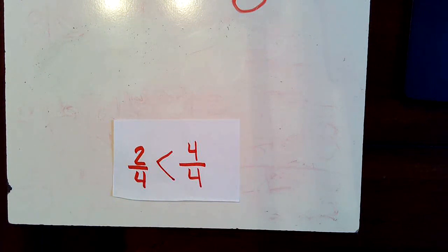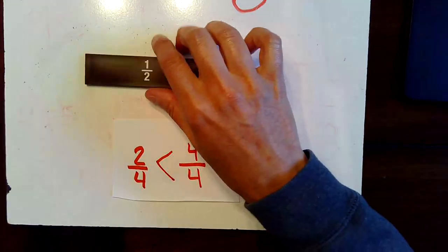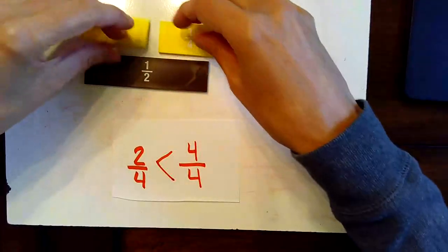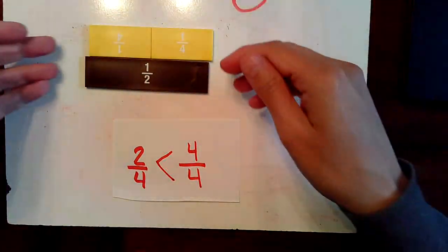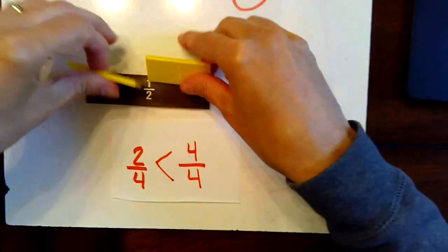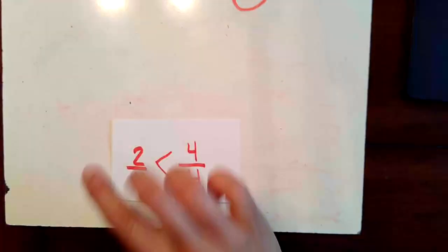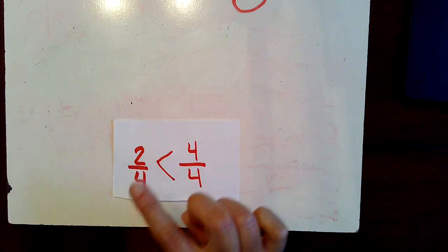I hope you said 1/2. 2/4 is equal to 1/2. Remember, if the numerator is half of the denominator, then it's the same as a half. Okay, moving on to the next one.